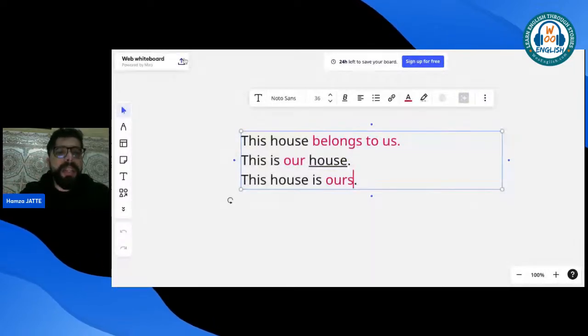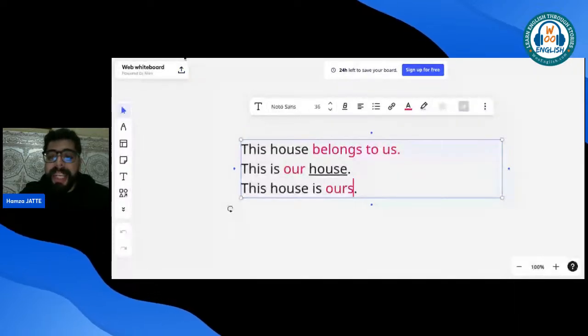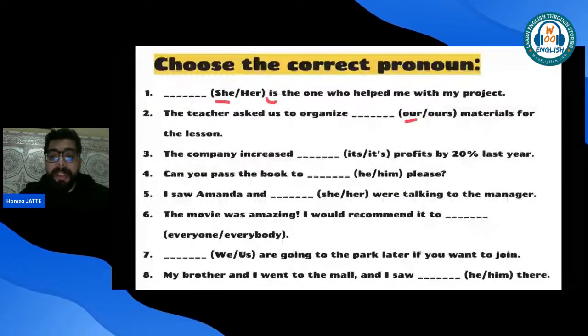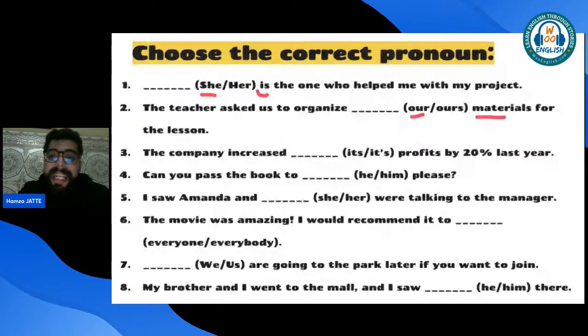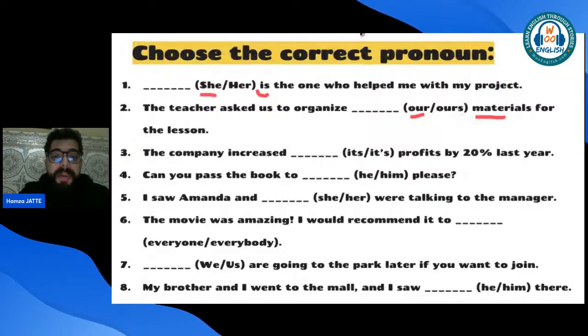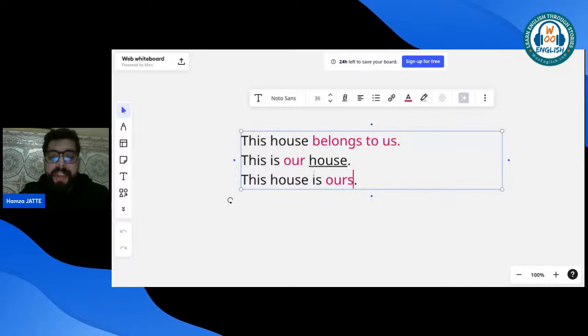Let's go back to the sentence and see what we had. So here we have material. So we have the property. So we cannot use ours because, as I said, ours can only be used when we don't have the property after. So if we have this is our house, we can.